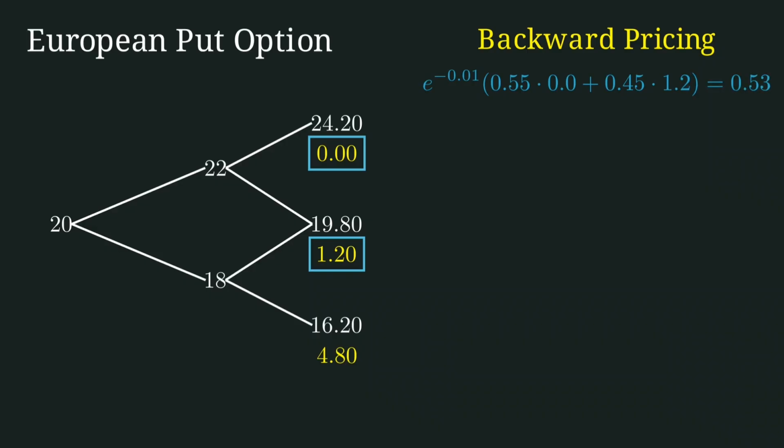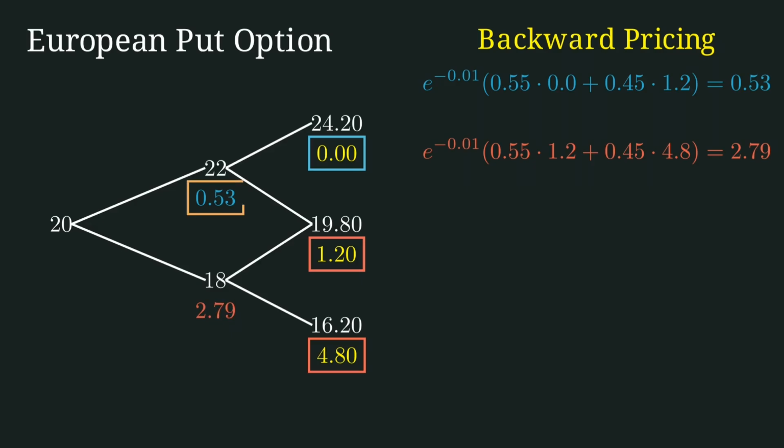Then we calculate the price backward using the expected price multiplied by the discount factor in the risk neutral world. So the price at the first node, or in the middle of the maturity, is indicated here.